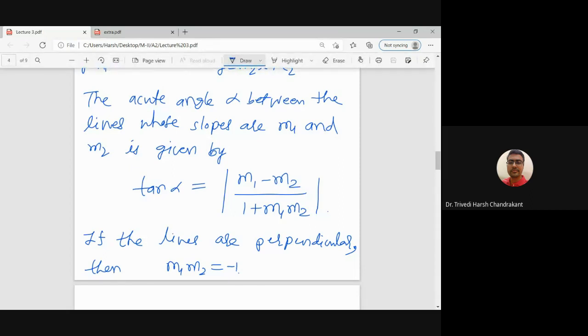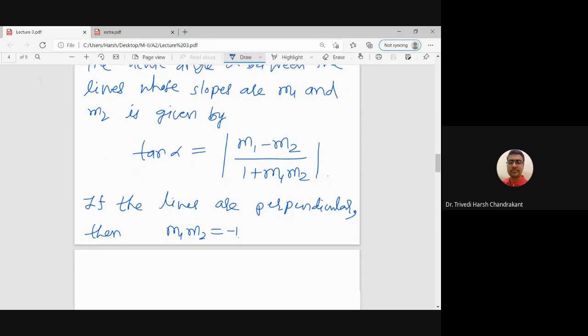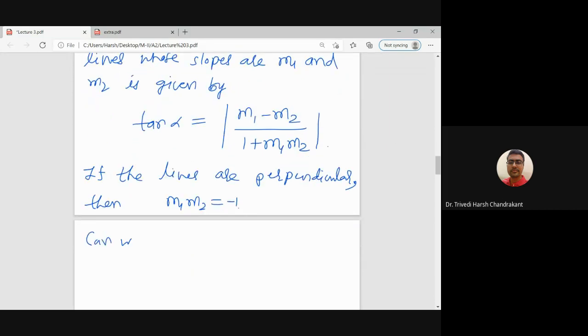So this formula is for the lines. So the question is, can we extend this notion of angle for the curves other than lines.